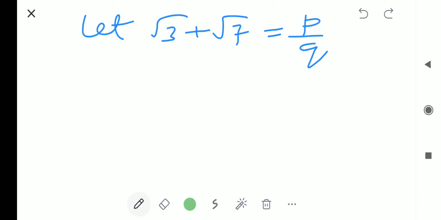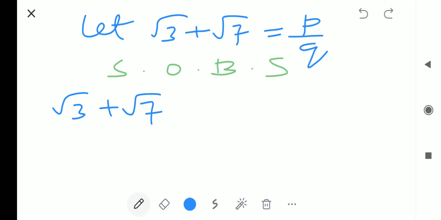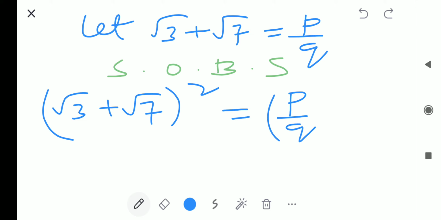Now when the given problem is in the form of root a plus root b, we should go for squaring on both sides. What is the full form of SOBS, children? Squaring on both sides. What do you get? Root 3 plus root 7 whole square is equal to p by q whole square.